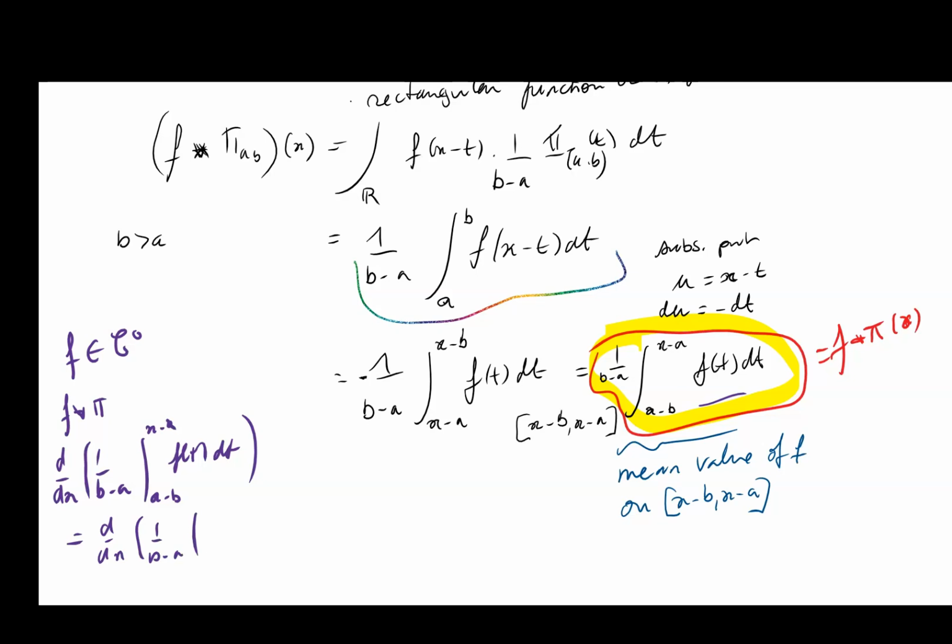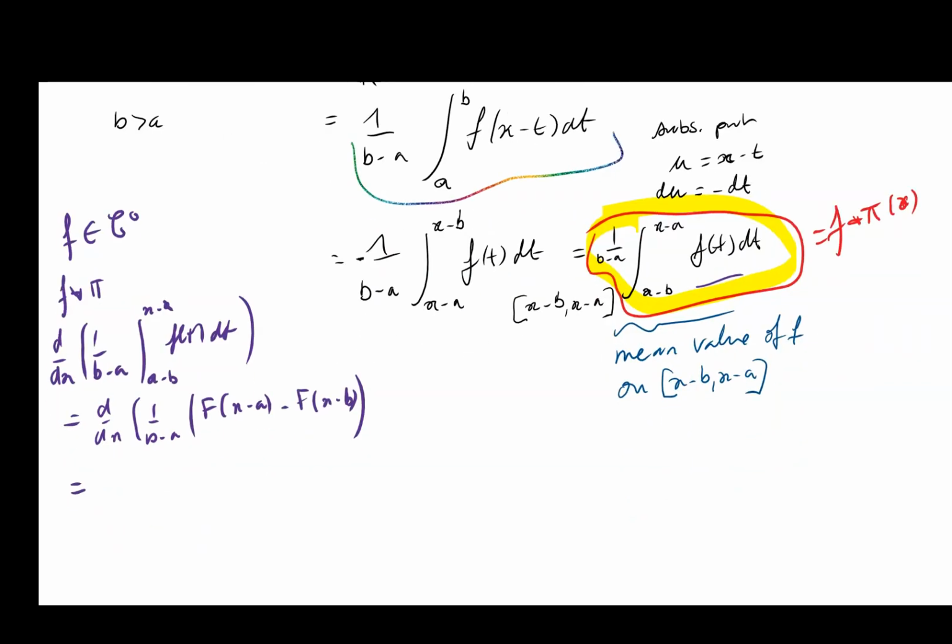If I know some primitive function of small f, let's call that big F, it's going to be big F at the point x minus a minus big F at the point x minus b. And finally, if I do the derivative of that with respect to x, I get the derivative of the antiderivative. So I'm getting back my function: f of x minus a minus f of x minus b, divided by b minus a. Sorry, that's a small f.